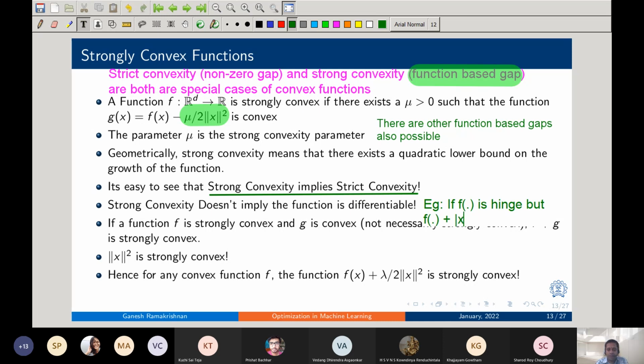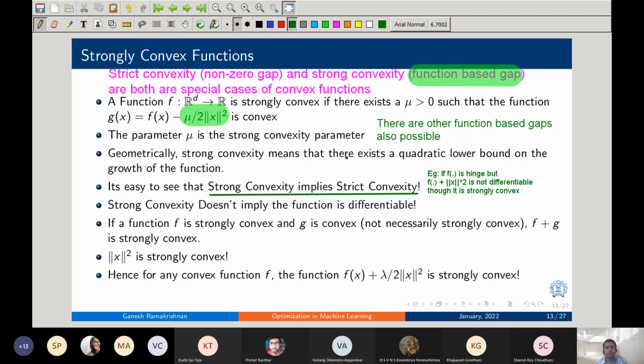Right, f plus norm x square is convex, that's not a problem. It remains convex. In fact, it's not just convex, sorry, it's strongly convex. So that's an important point. Any questions?